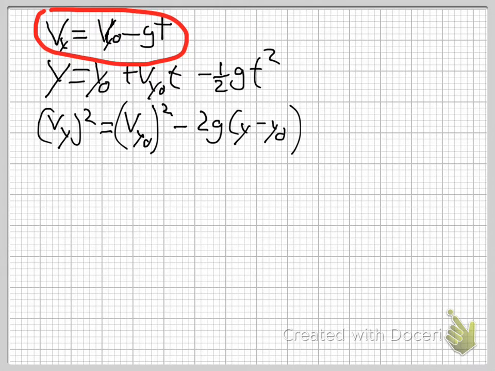So if we know time, then at any moment we can find the vertical velocity. So we can determine whether or not the projectile is moving up or down. If we know time, everything is easy.